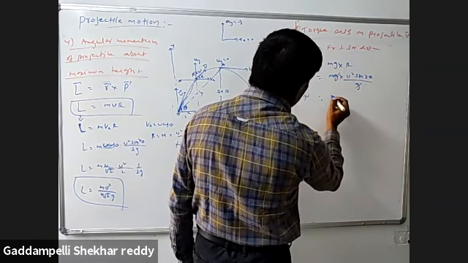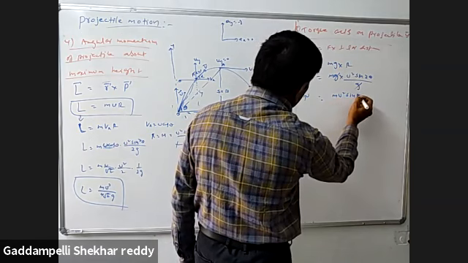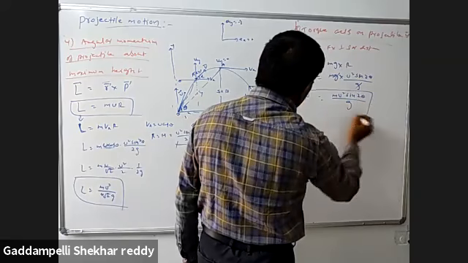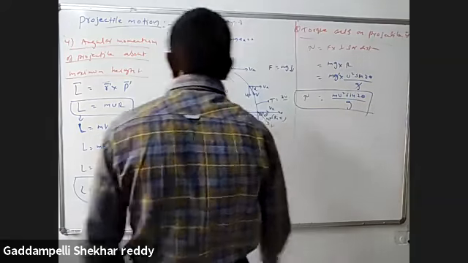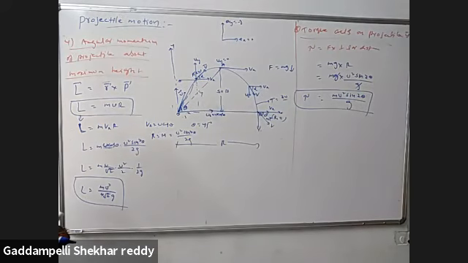Torque is equal to m u square sin 2 theta. This is the torque acting on the projectile.